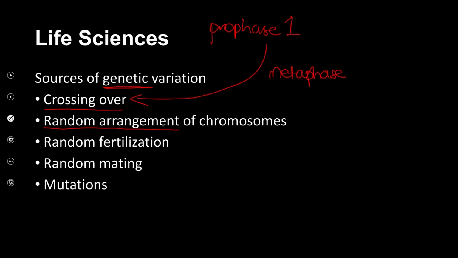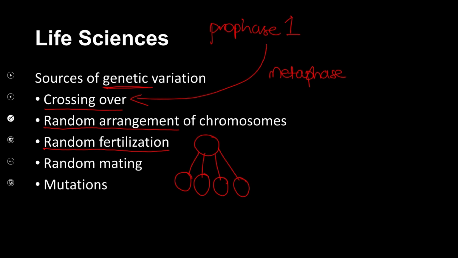The next source of genetic variation is random fertilization. When a cell undergoes meiosis, it forms 4 gametes, and any one of those 4 gametes can fertilize another gamete.